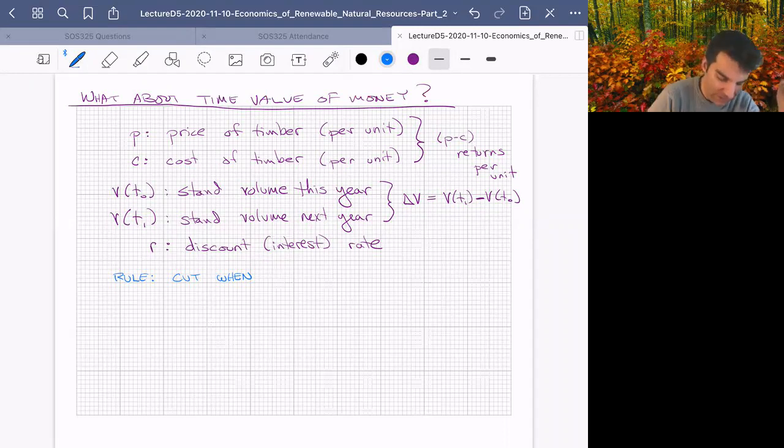So I cut when P minus C times V of T0. So that is the benefit I get.